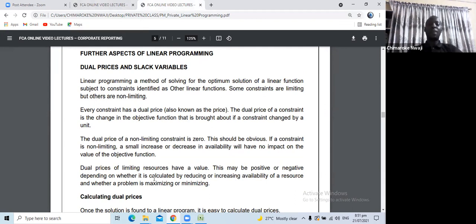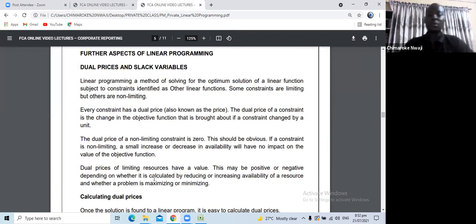Now, the shadow price is the extra contribution that you are willing to contribute or willing to have if you can increase your constraint by just 1 unit. It's like a sensitivity analysis.